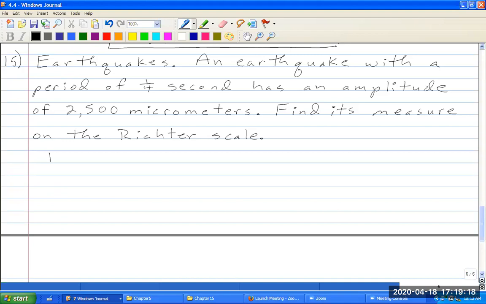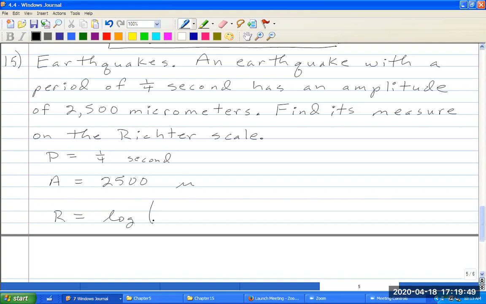So the period is 1/4 of a second, and the amplitude is 2,500 micrometers. So R, the Richter scale, is equal to log of 2,500 divided by 1/4.